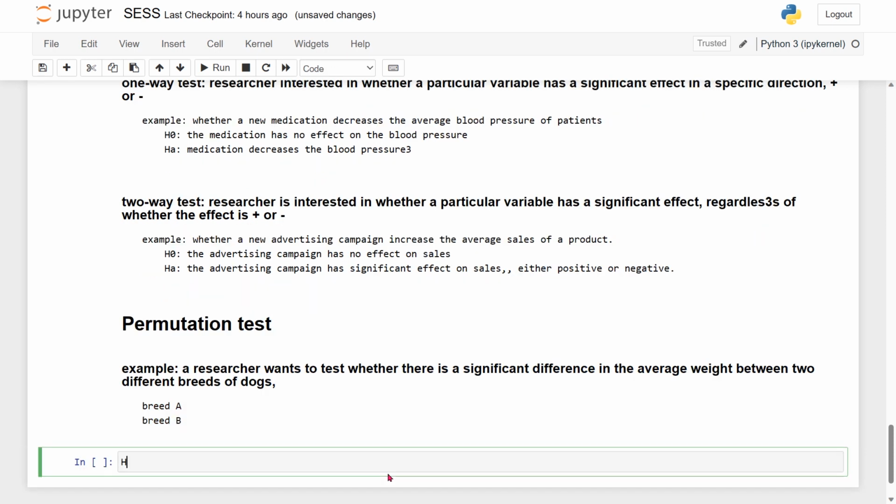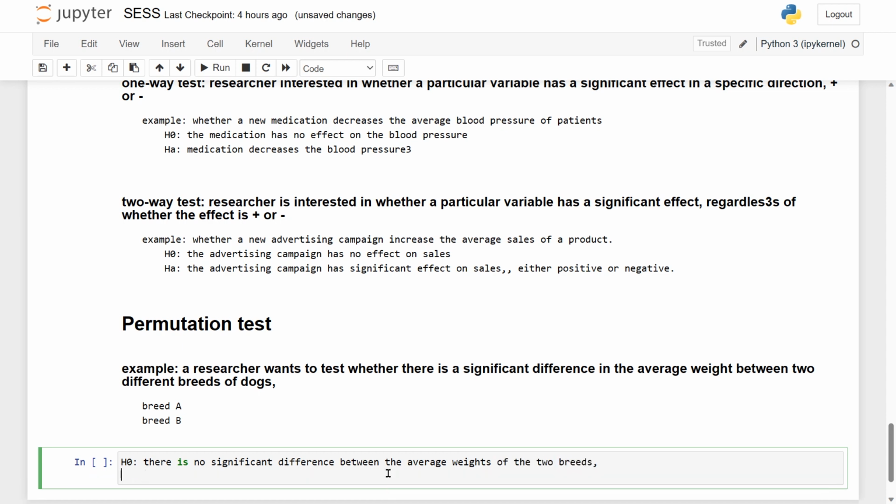The null hypothesis for this is that there is no significant difference between the average weights of the two breeds.